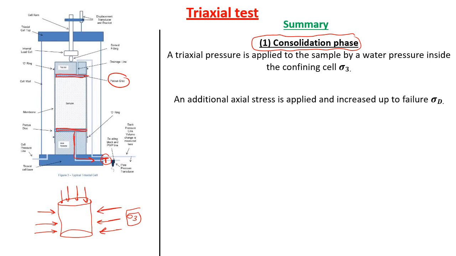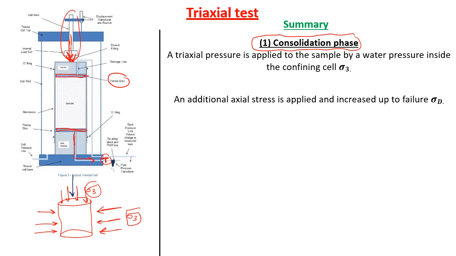In the second step, an additional axial load will be applied. We have here an arm, and we can apply a vertical load. It's an additional axial load because the soil sample is already subjected to an axial stress which is called sigma 3. However, now we apply a new additional stress, which I will write in a different color.